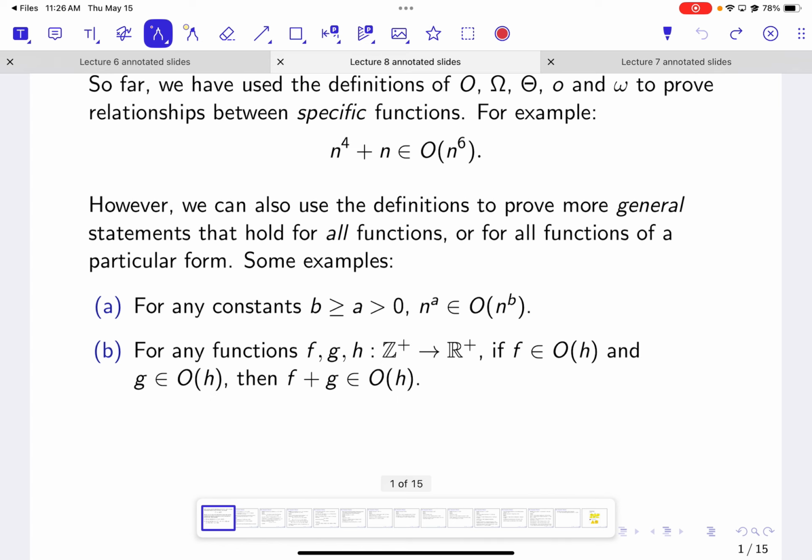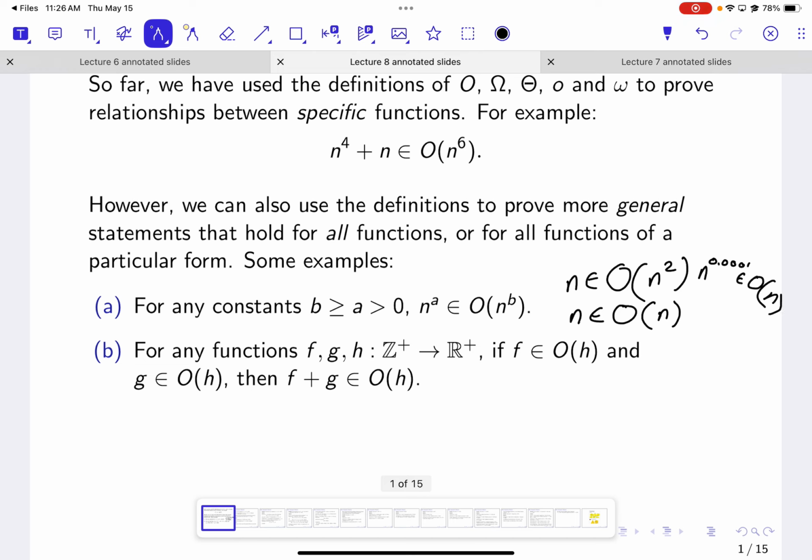So that's saying stuff like n is in O of n squared, n is in big O of itself, n to the power of 0.0001 is in big O of, I don't know, I'm not going to write any exponents here.